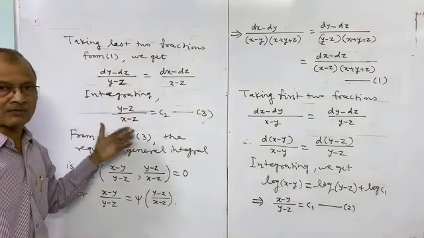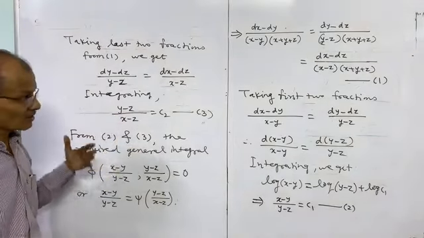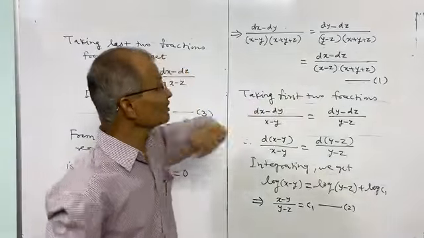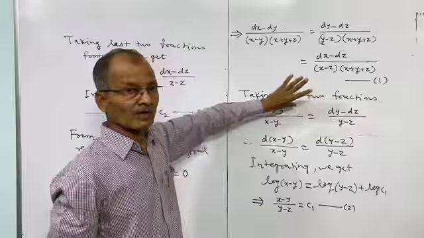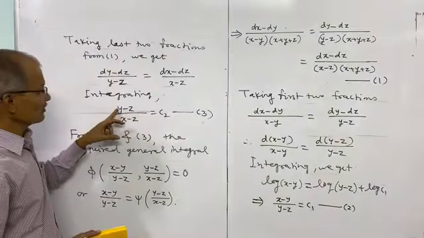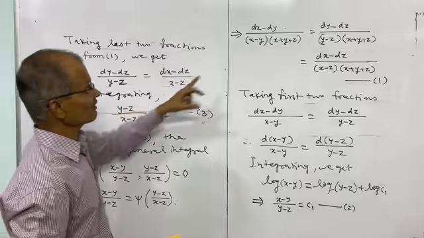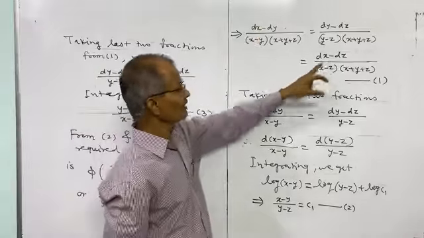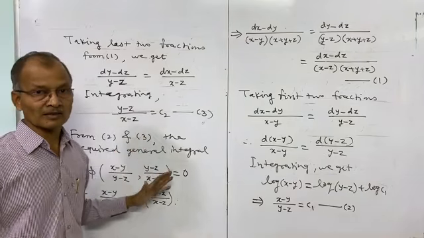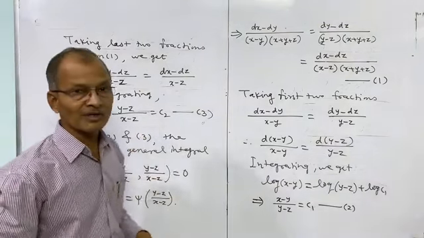But that is equivalent, and that is also correct. So it is not necessary that we should equate the first two and the last two. We can equate the first and the last also. So there will be a change in the form of the solution. Instead of y minus z, there will be x minus y, and then at the denominator will be the same, x minus z. So this may happen in the solution. So both solutions will be correct.